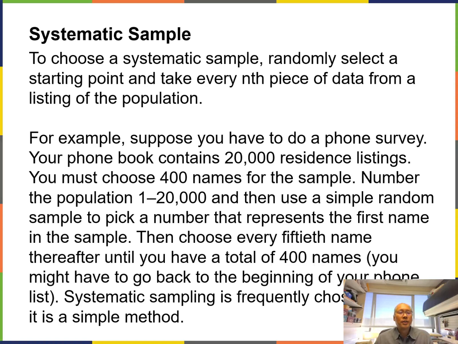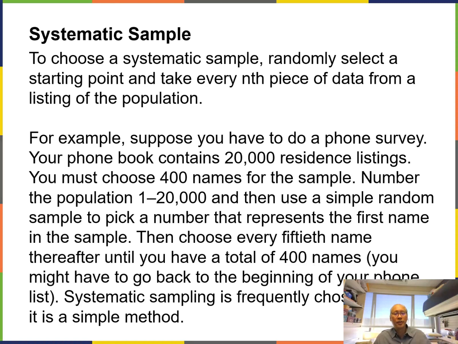So if you want to do a phone survey, for example, and the phone book has 20,000 listings and you have to choose 400 names, then you can number each of the entries in the phone book and divide 20,000 by 400. And so it says here that if you count down, every 50th name would be part of your sample.